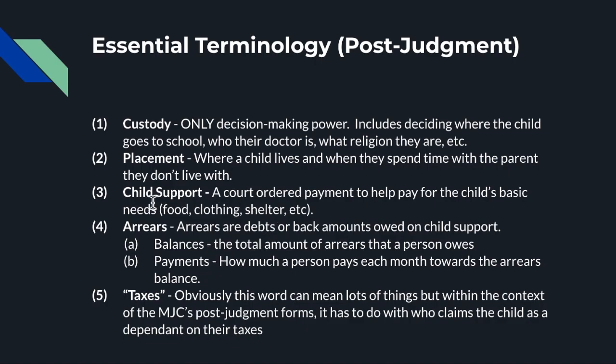So my child support payment is $100. My arrears balance is $600. And my arrears payment is $25. So the money that I pay toward the arrears balance is my arrears payment. And I know you're sitting here going, oh my goodness, do I need to know this? But it is important because we have different options depending on which thing the person is trying to deal with.